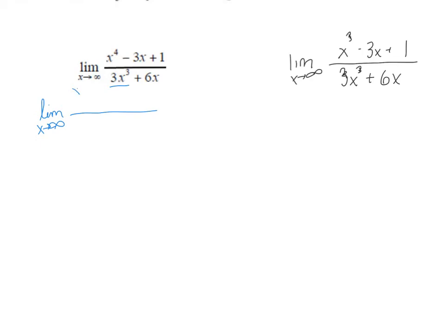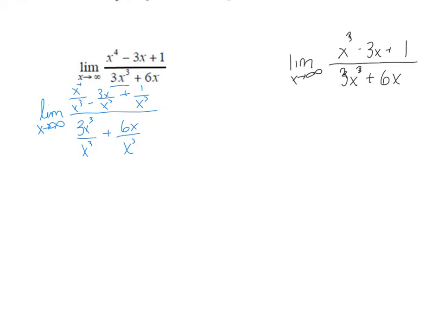So we would have x to the 4th over x to the 3rd minus 3x over x to the 3rd plus 1 over x to the 3rd, and then in the bottom 3x to the 3rd over x to the 3rd plus 6x over x to the 3rd.